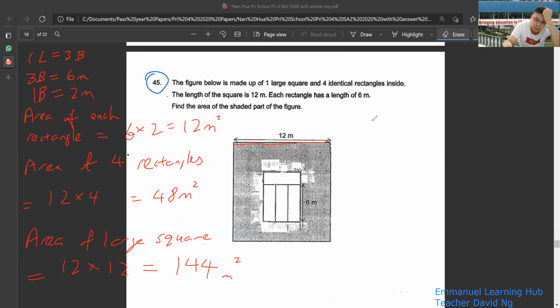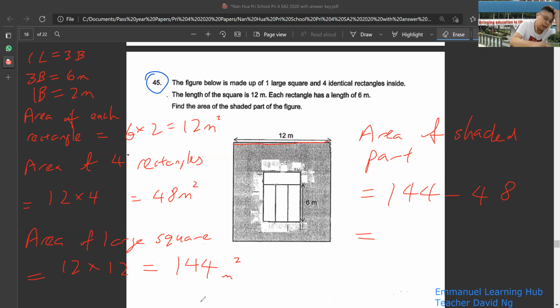So what's the shaded area? 144 minus 48. What's the answer? Equal to 96. Okay, I got no time to wait for you to tell me the answer. 144 minus 48 is 96. So the answer is 96 meters square. Okay, get it now?